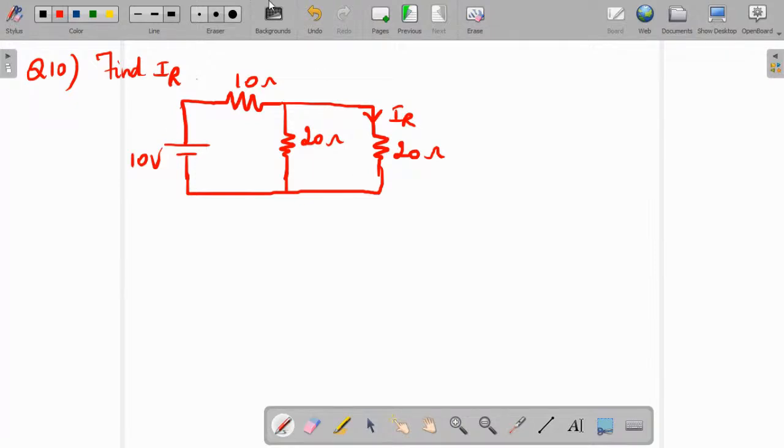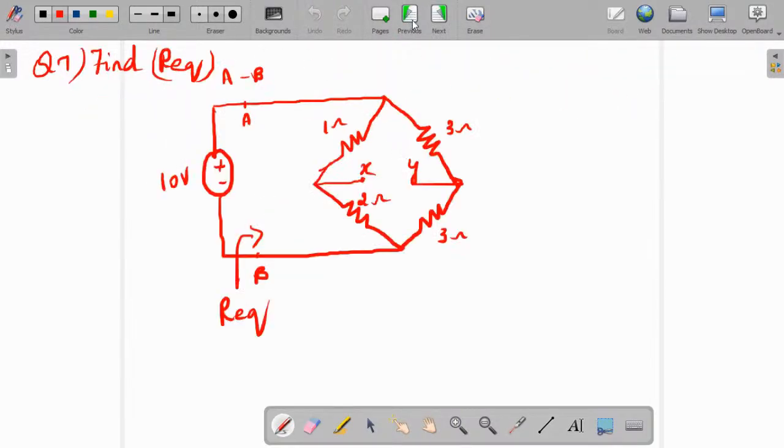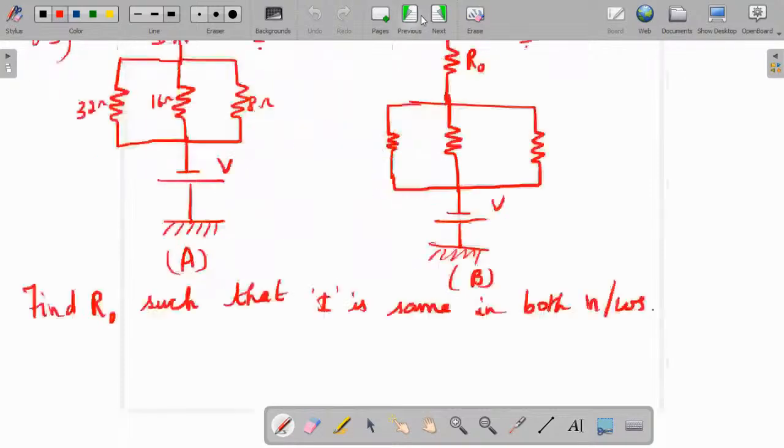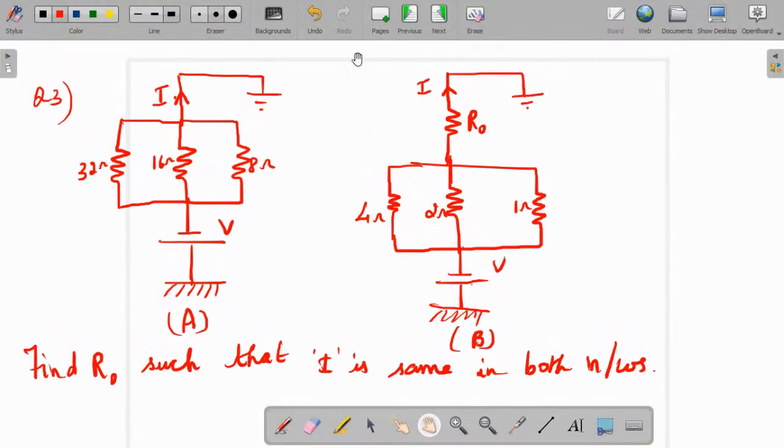In question number 3, okay, sorry, this is 4 ohm, this is 2 ohms, and this is 1 ohm. Okay, any other doubts? So solve all these workout sums. Any doubts?